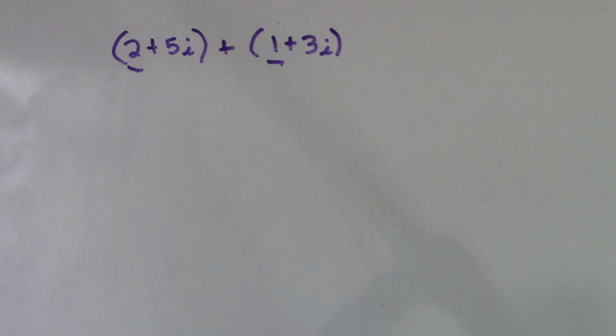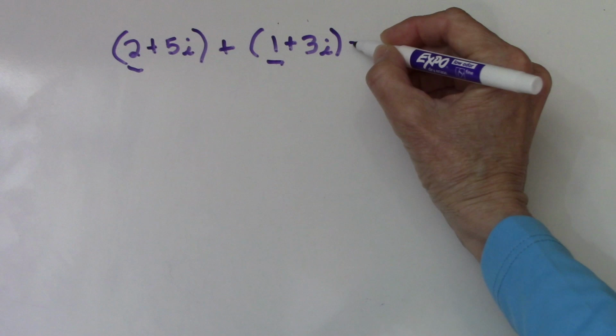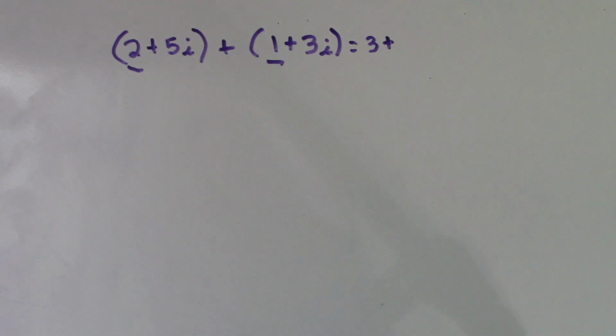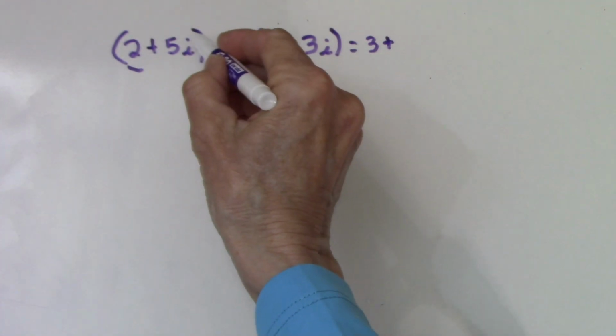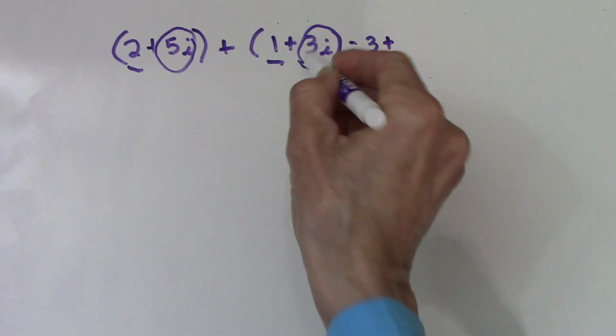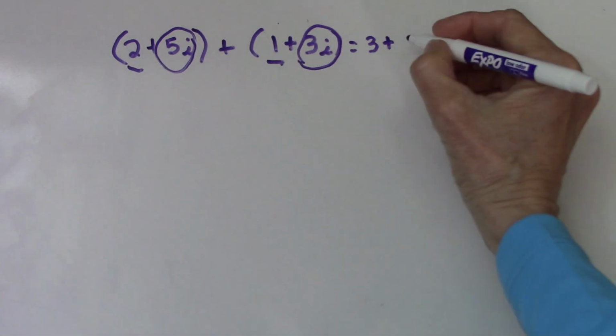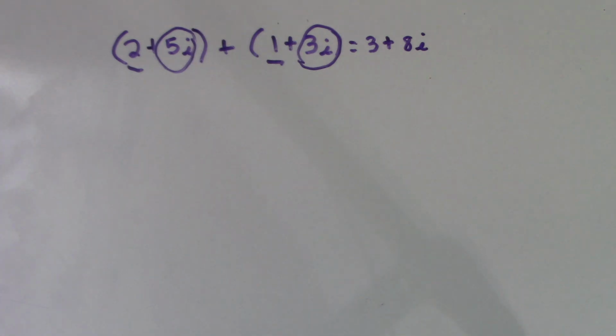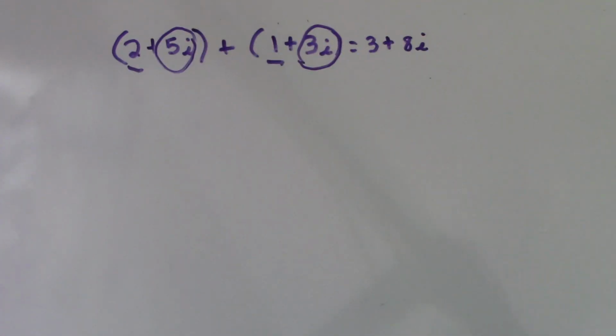That's the real part, so we add those together, and we get 3 plus, and we have 5i and 3i, and we add that together and we get 8i. So it's very much like regular adding binomials. We're going to add the like terms.